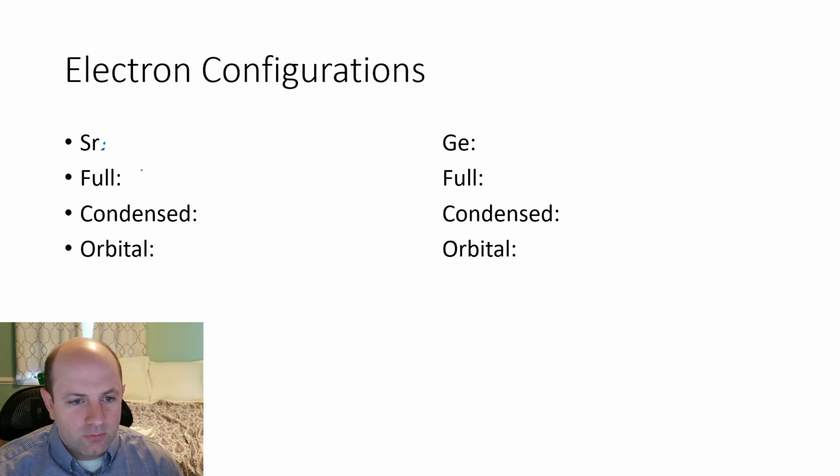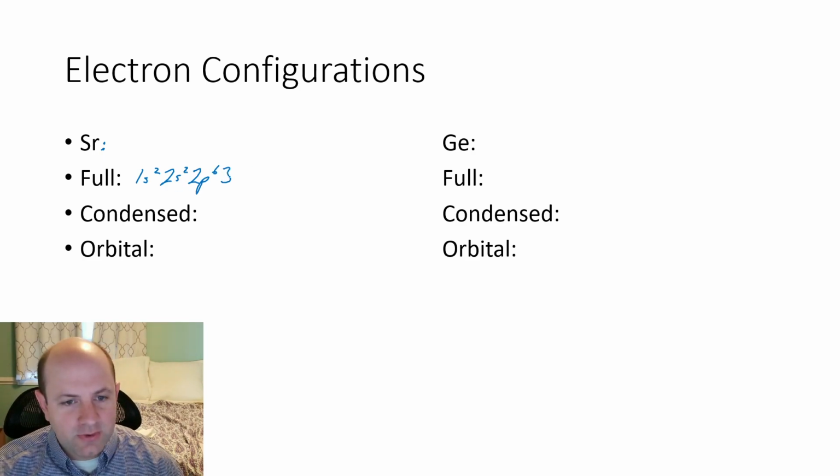So we start with 1s2, we then move on from there where we'll have 2s2, 2p6, that gets us through neon. We'll now go to the 3rd row where sodium and magnesium are, so that's 3s2, over to aluminum through argon, so 3p6. Now we're into the 4th row, so 4s2.